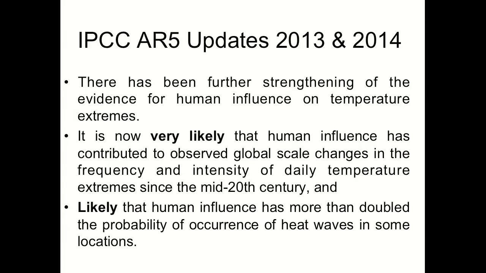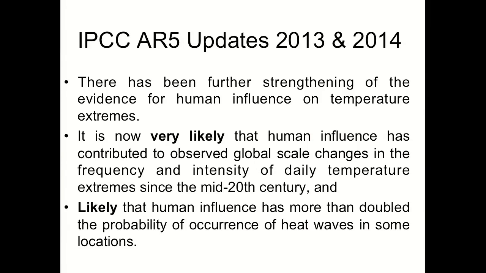Of course, since then there have been various updates, one in 2014, etc. And effectively what they're simply doing is emphasizing and reinforcing what was said in that original report with a few minor changes, different ways of looking at, for example, radiative forcing, different ways of interpreting feedbacks, etc. But what they said was that there's been a further strengthening of the evidence for human influence on temperature extremes.